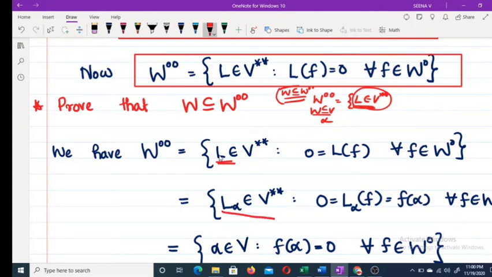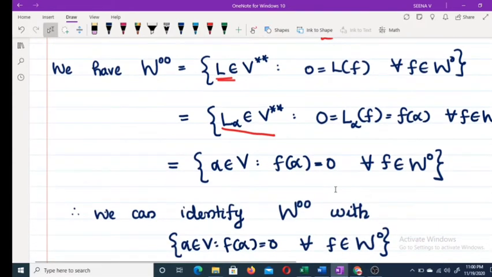Therefore W double naught is equal to the set of all L alpha belongs to V double star such that L alpha of f equal to 0, and by definition L alpha of f is equal to f of alpha, for every f belongs to W naught. This is actually not an equality; it is an identification, but still we write equal to.